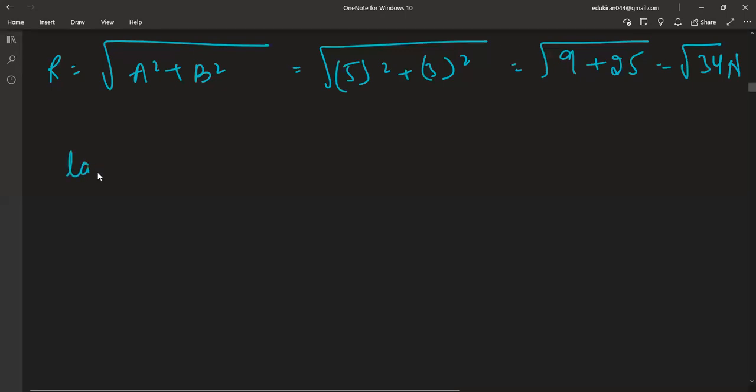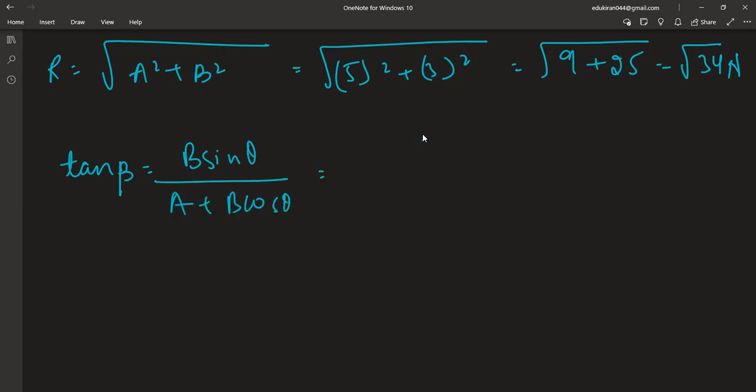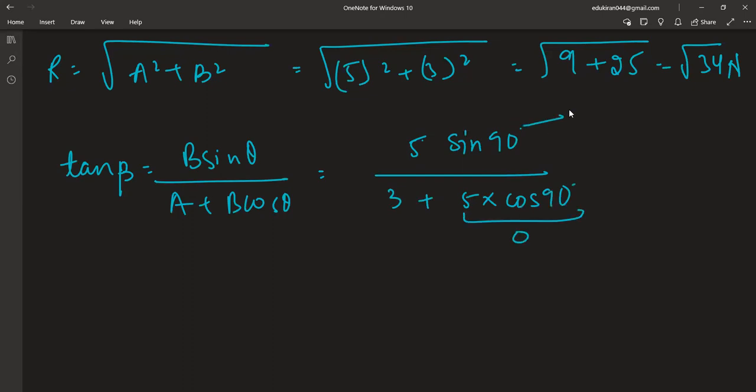If this is beta, then tan beta would be equal to b sine theta divided by a plus b cos theta. So what is b? B is 5 sine 90 degrees divided by a is 3 plus b is 5 into cos 90 degrees. So this becomes 0, this becomes 1.